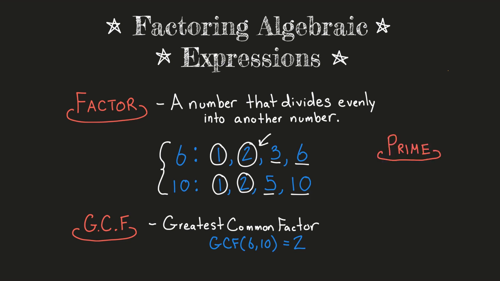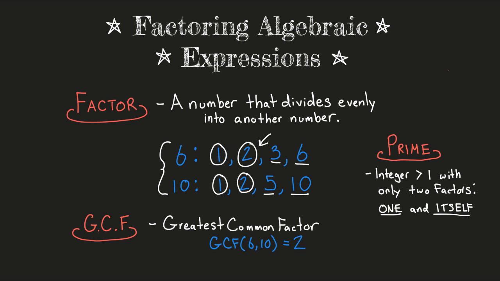One last term that we do want to refresh is, what does it mean for a number to be prime? To be prime, a number would be an integer greater than 1 with only 2 factors, specifically the number 1 and itself. Let's think of some examples.